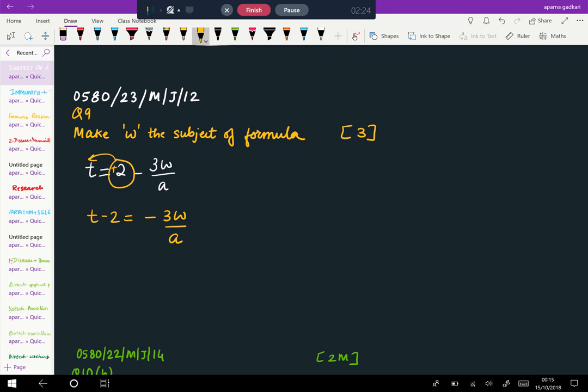Again we need to make w as your subject. Therefore we are going to keep w as it is and shift everything that is along with w, that is this 3 upon a, to the left. Now see how you can do this. For that I'll just erase this.